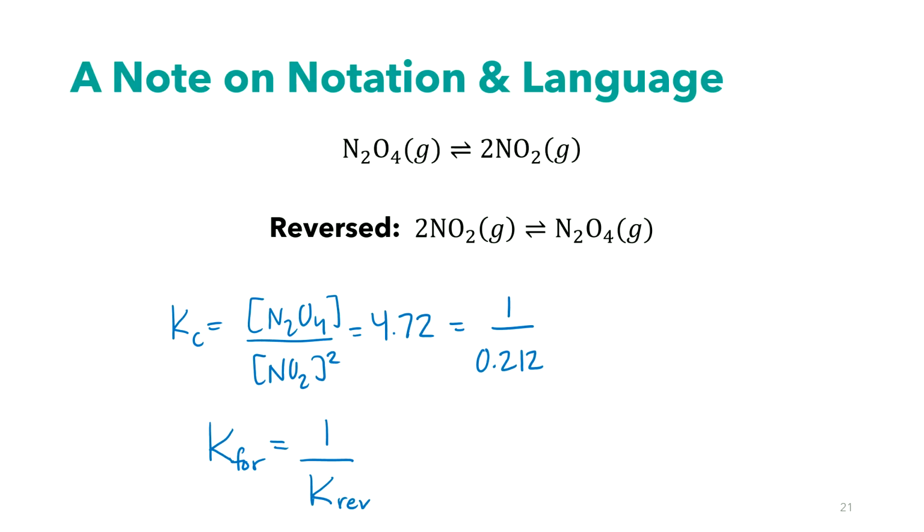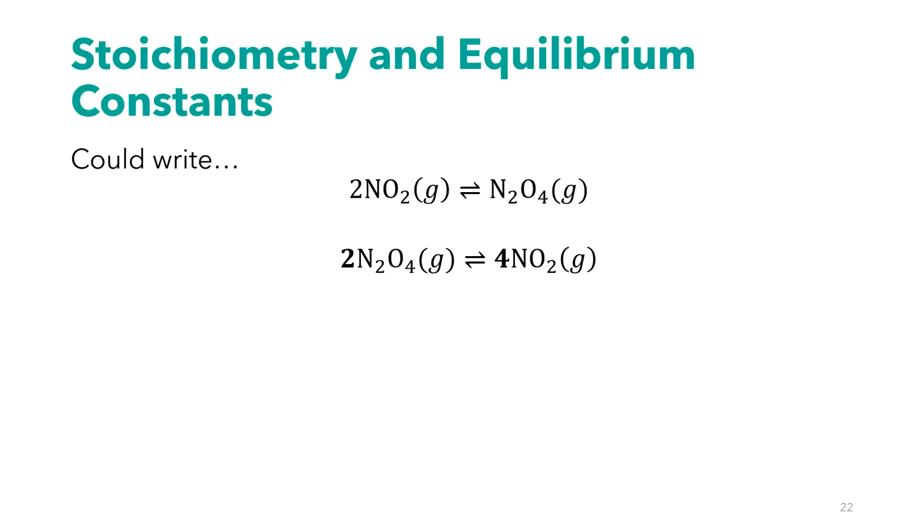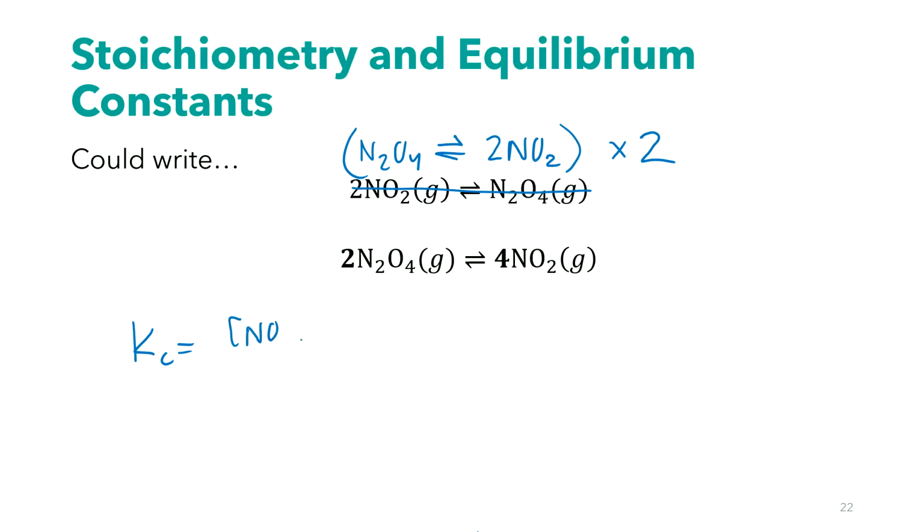I can do other things to this reaction. I can reverse it, or I could multiply through by a constant. I could say, hey, actually I want to have 2. I've taken this and multiplied by 2. So what is my new Kc for that? I'm going to have NO2 to the 4th divided by N2O4 squared.